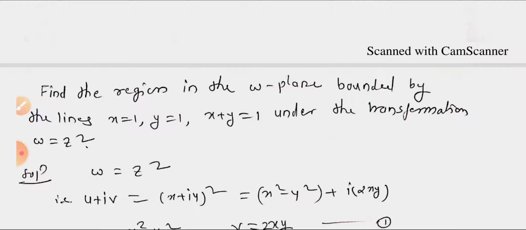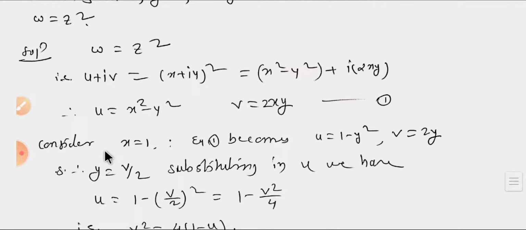How it comes, we see here that w equal to z square means u plus iv equal to (x plus iy) whole square. It is nothing but x square minus y square plus i into 2xy. So consider x equal to 1. Then equation 1 becomes u equal to 1 minus y square and v equal to 2y. So from v equal to 2y, y equal to v by 2.